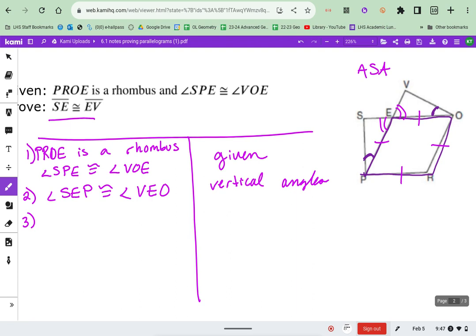And then we use the property of a rhombus next. So we can say EP, that segment, is congruent to segment EO because all sides are congruent in a rhombus.